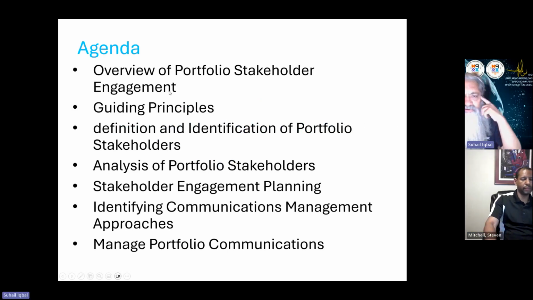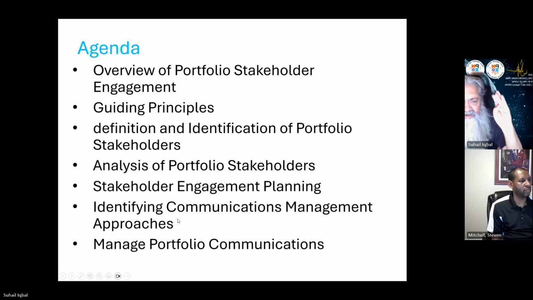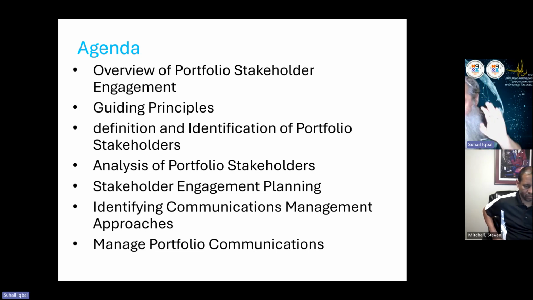So this is it. Overview, guiding principles, definition, and identification. And from identification, the thing starts: identification of portfolio stakeholders, analysis, planning, identifying communication management approach. You see, communication is not a separate knowledge area.